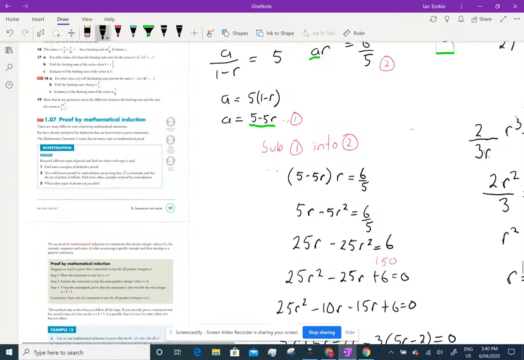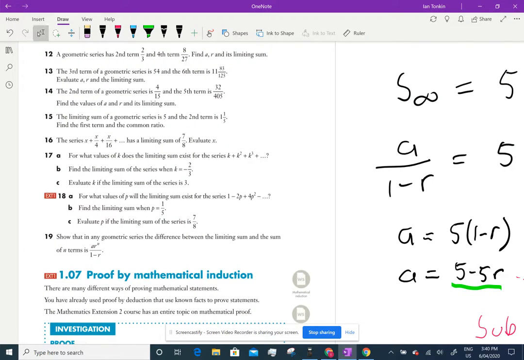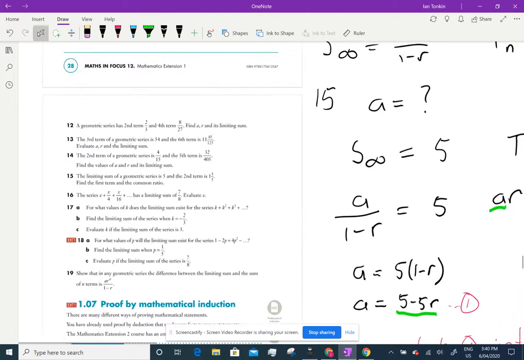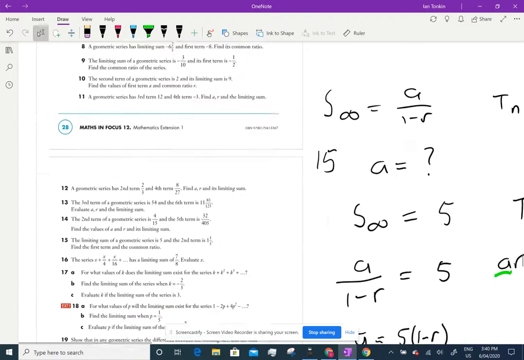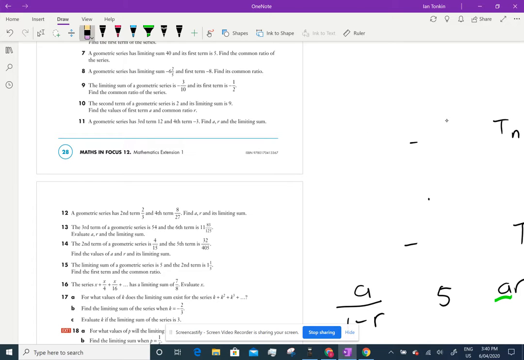Now, I'll do 16 and 17, but I really want you to go and have a go at them. So I'm only doing these if you really can't do them. Make sure you're having a go. And remember, there are worked solutions. So I'm just going to create some space here.